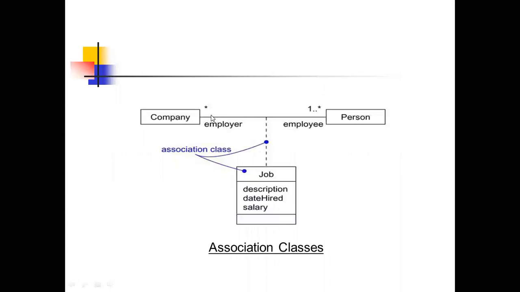Here you can see the association between these two classes, and this is the multiplicity. The company is the employer and the person is the employee. This is the association class: the job class and its attributes. This is how to denote that class and its relationship. These are the association classes.